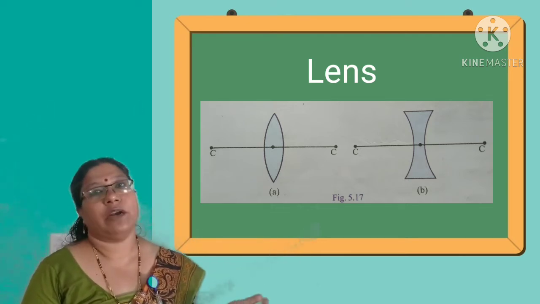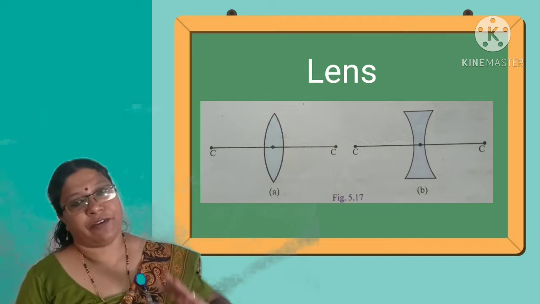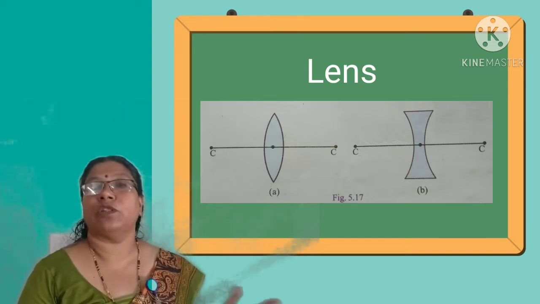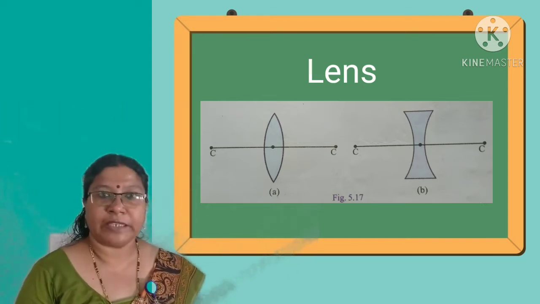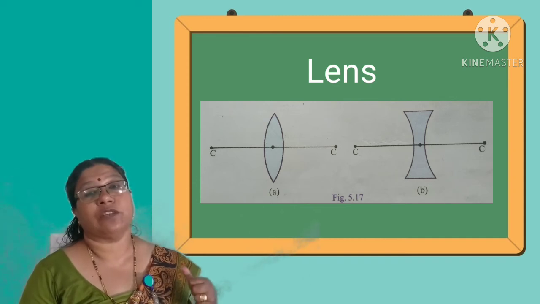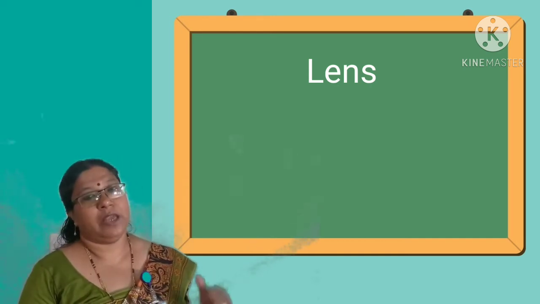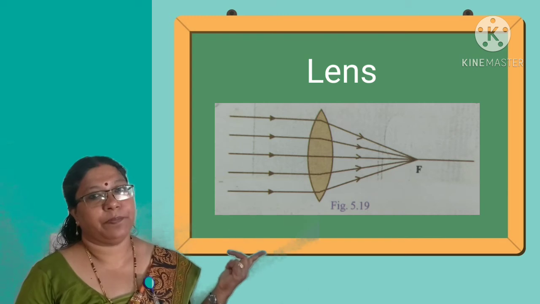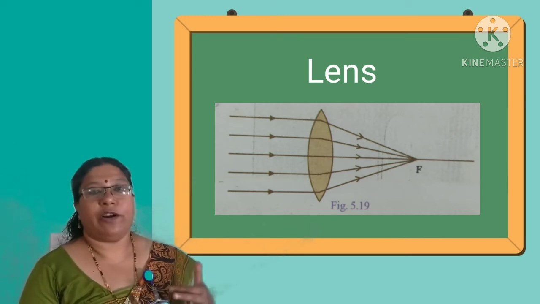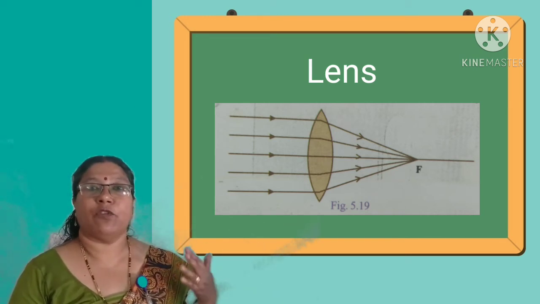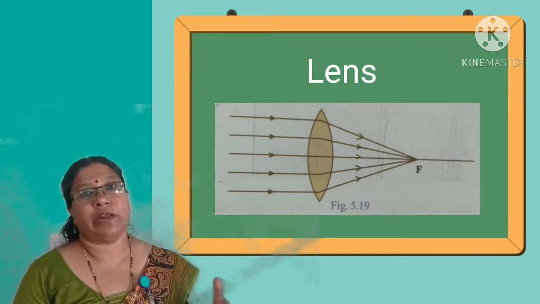You have to define principal focus for both the lenses. First we will define the principal focus of a convex lens. As you see in the figure, we have already studied about the principal focus of a concave mirror and a convex mirror.